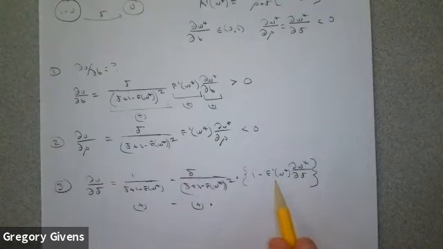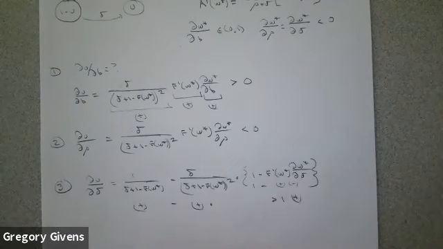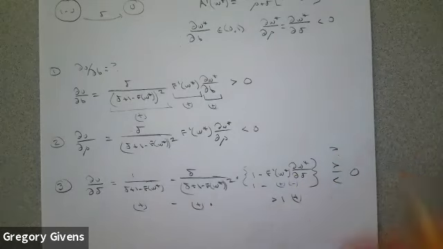Well, let's see, f prime is positive, dw d delta is negative, so this is a positive times a negative, and it's a 1 minus then a positive times a negative, so that's a 1 minus a negative, which makes the whole thing positive and bigger than 1. So we've got a positive minus a positive times a positive. Well, that looks to me like it's ambiguous.